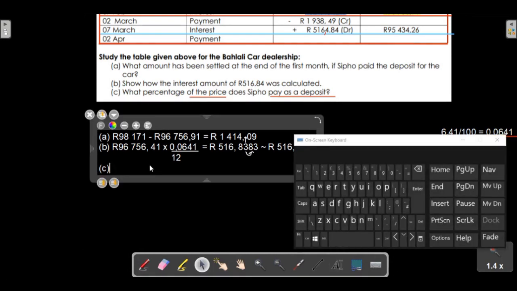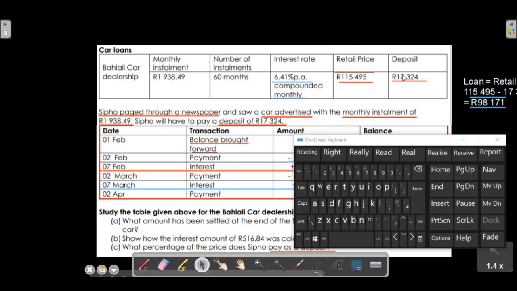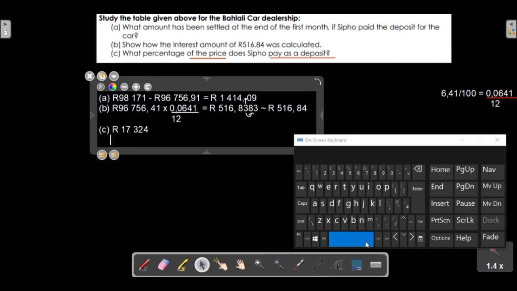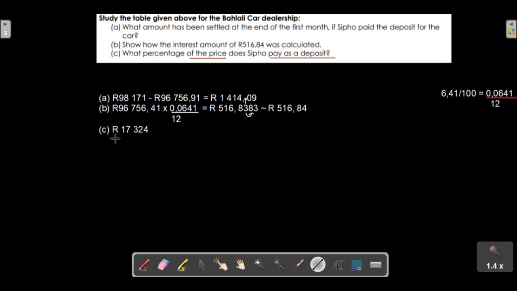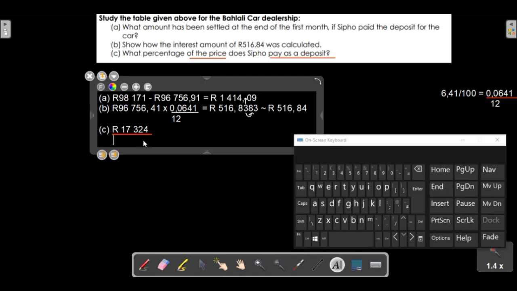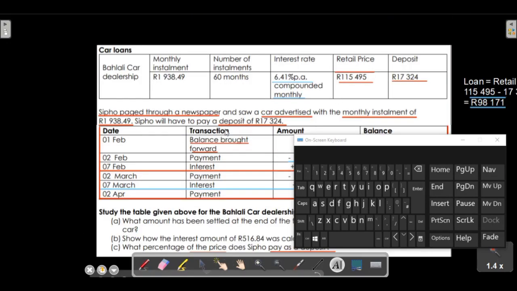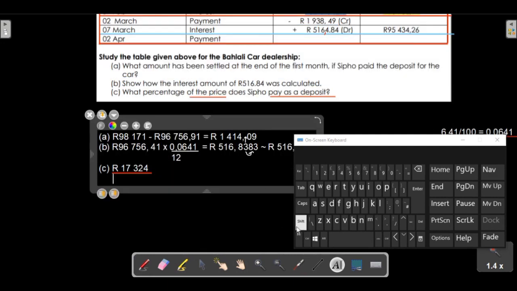So we are saying that we'll take that 17,324 and then we'll basically divide that by the retail price. So the retail price, which is the total, which is 115,495.